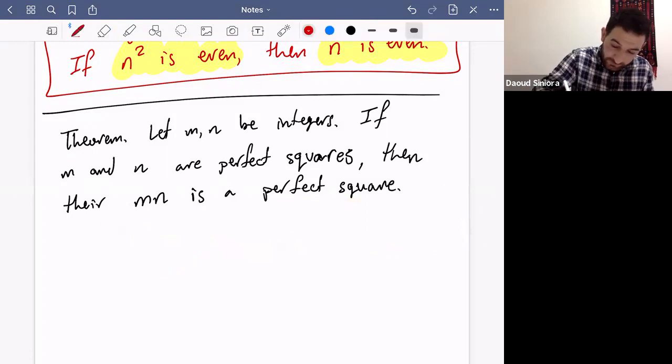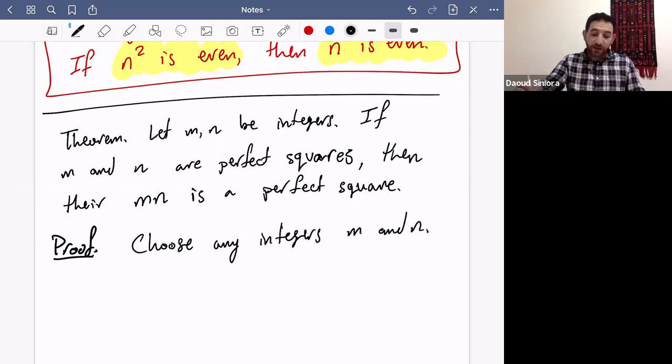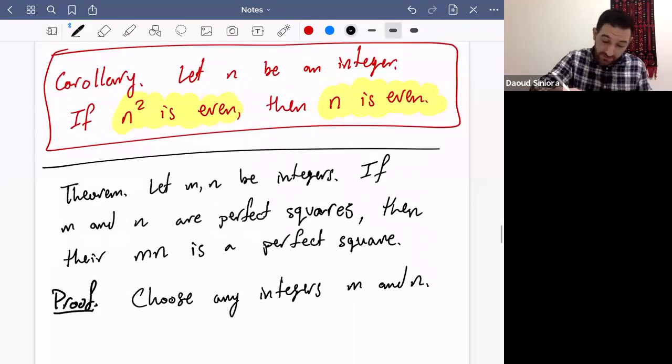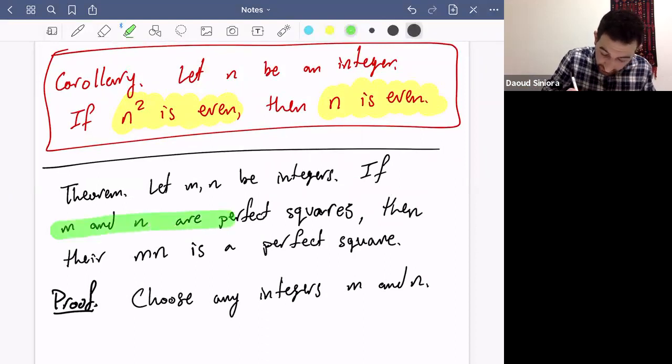Okay, so proof. Choose any integers you want, m and n. Now assume the hypothesis. What is the hypothesis of the conditional statement? Assume that m and n are perfect squares.